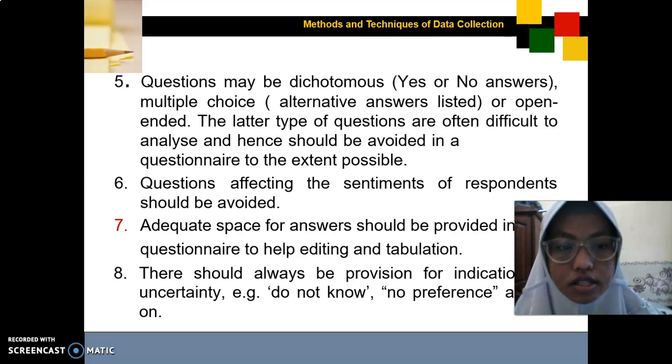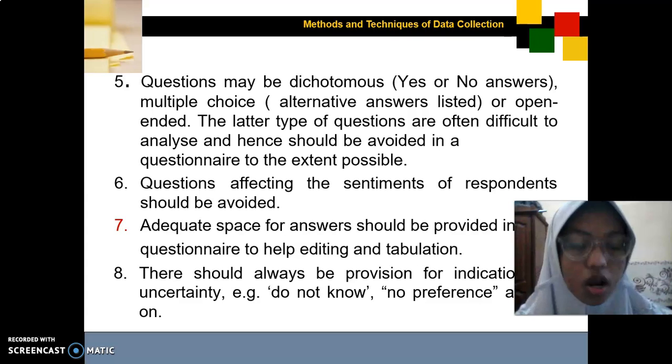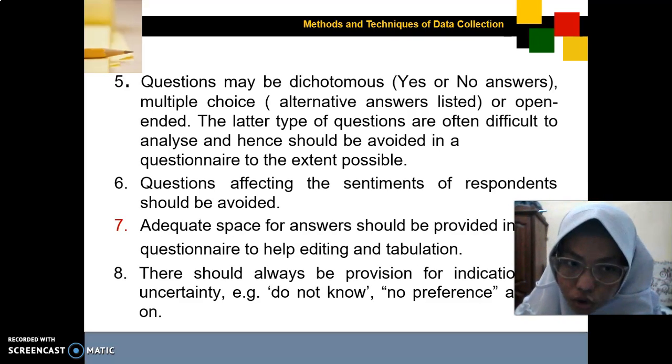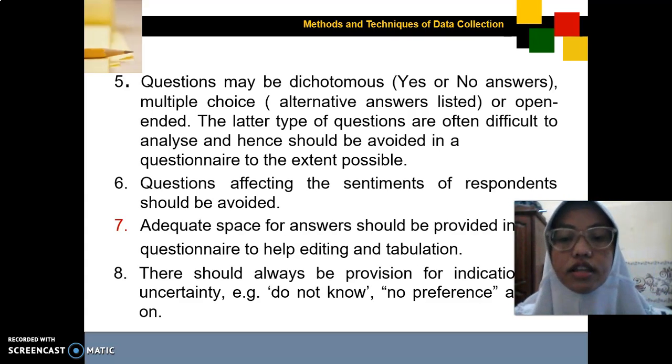Fifth, questions may be dichotomous, yes or no answer, or multiple choice, or open-ended. The latter type of questions are often difficult to analyze, and hence should be avoided in a questionnaire to the extent possible.